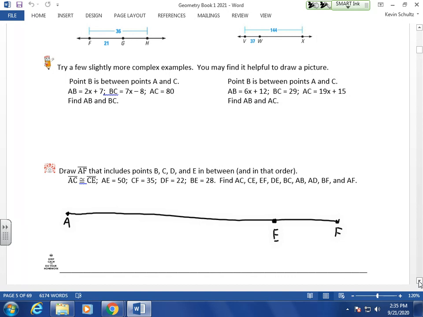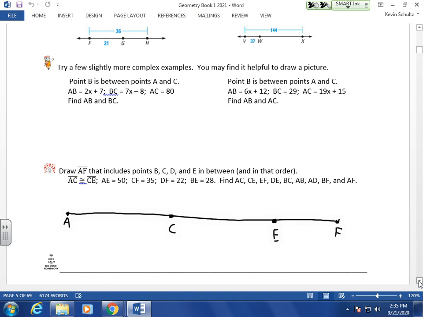Because if the distance from A to C is the same as the distance from C to E, that means that C is going to go in the middle. If I put my C too close to A without reading that first, then my whole thing's going to be off. It is just a sketch, but we do want to use the information we have to make it as accurate as possible. So AC is congruent to CE.